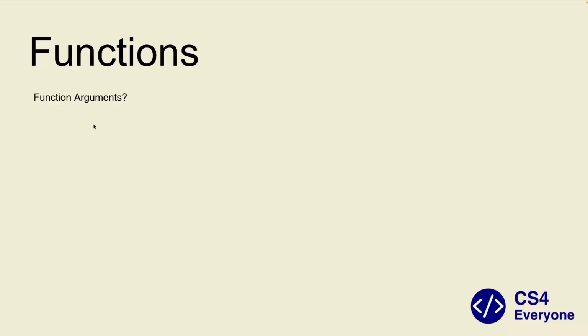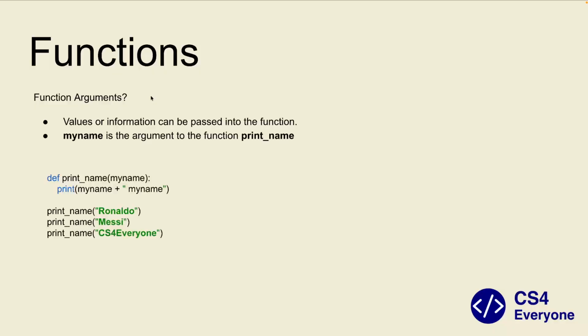Function arguments are values or information that can be passed into the function. My name is the argument of the function printName, as you can see in this code. So we have defined a function called printName, and here my name is the argument. As you can see, it's in the parentheses.